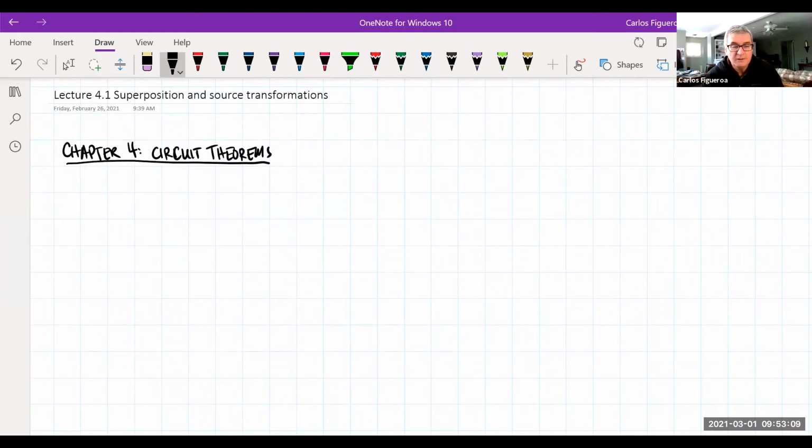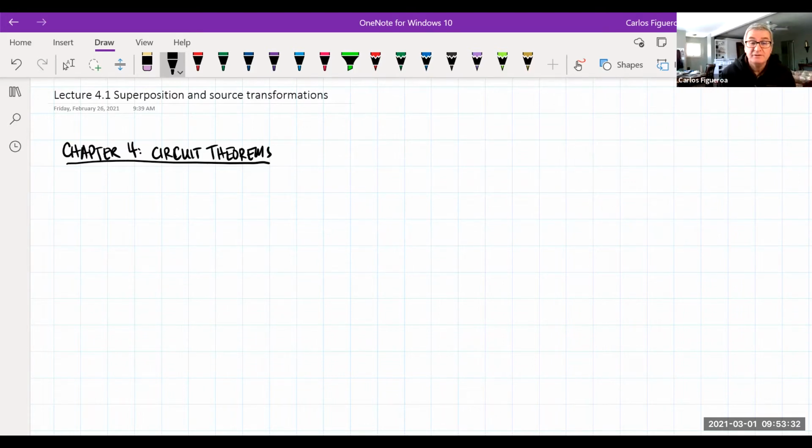This is probably one of the most powerful ways to look at circuits. It's outrageously powerful. And it's actually easy to write down. But anytime you have something easy to write down, that means that you have to really understand it conceptually.